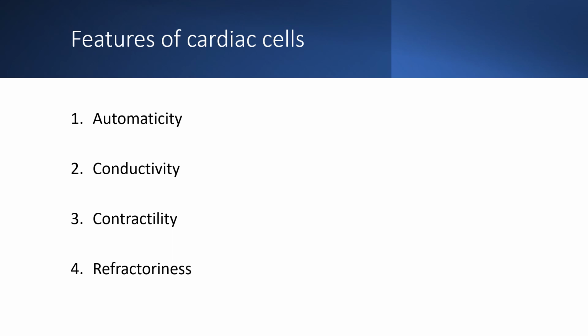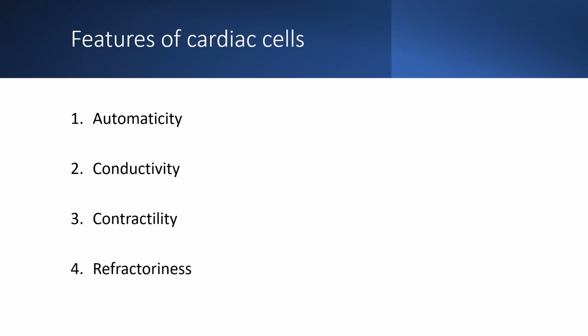We already know that the heart has an intrinsic conduction system, and once the SA node generates that electrical impulse, that impulse is conducted to the AV node, then it gets conducted to the AV bundle and the Purkinje fibers. So the myocardial cells have the ability to conduct electrical impulses. Contractility, we said once there is electricity in the heart, then we will have mechanical activity, which is contraction. So myocardial cells have the ability to contract.